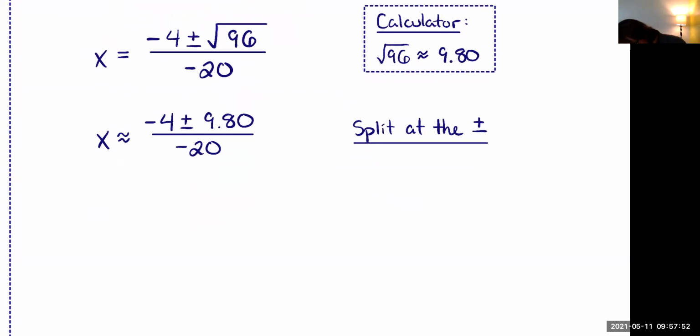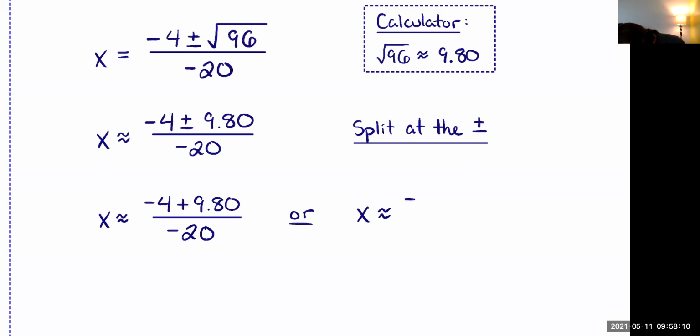So our 2 resulting equations will say that x is approximately negative 4 plus 9.80 all over negative 20, or x is approximately negative 4 minus 9.80 all over negative 20.